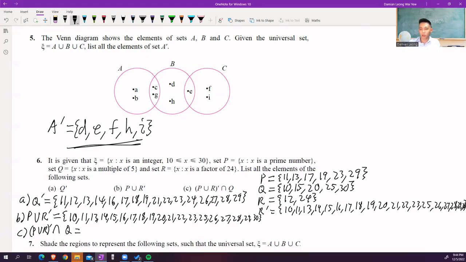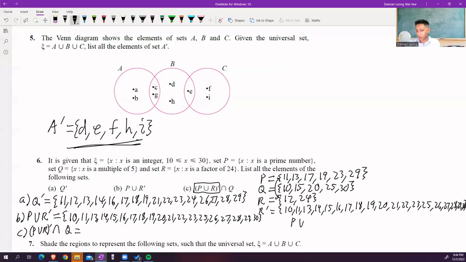This complement is on the whole P union R. So again, it's best that we look at this one first. P union R complement, everything outside of these two sets, everything except all these numbers inside your universal set.